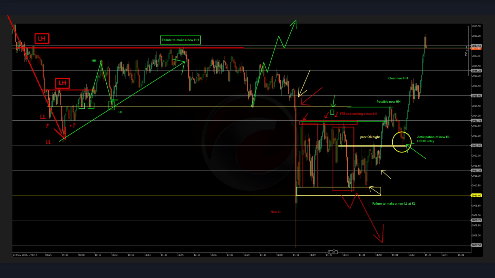And now we are staying above the previous high, so we are staying above this previous PSA. We are now in a clear bullish trend because we can validate higher highs and higher lows and a new higher high. So that will be a safer entry in anticipation.